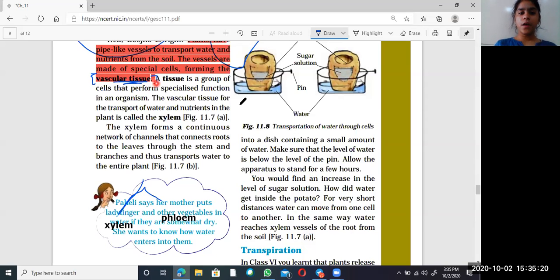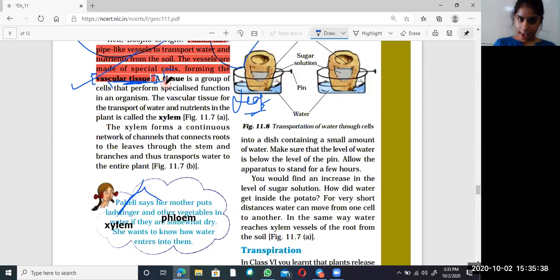For example, मेरी जो leaf है everyone, leaf ने कोई for example कुछ prepare करा food, okay, by the process of photosynthesis. अब वो food पूरे plants में कैसे transport होगा? It will get transported with the help of these vascular tissues.